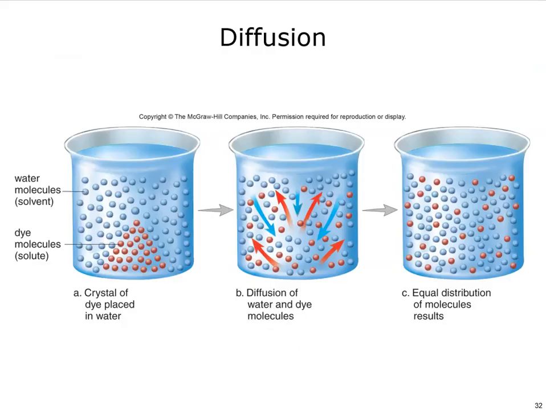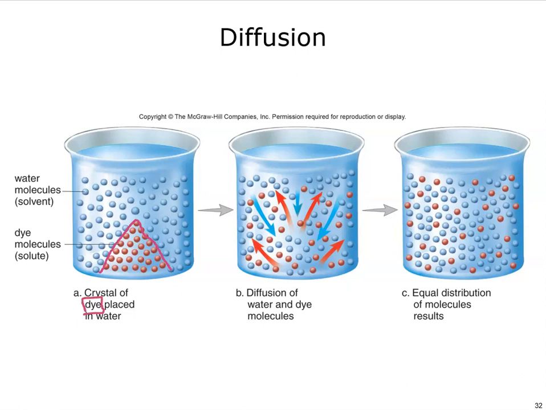When we have a membrane, and we have a solution, it's going to have a solvent, which is a liquid, and a solid, which is, in this case, a piece of crystal of dye, but it could be salt, it could be sugar, whatever solid you have, to be dissolved in water.